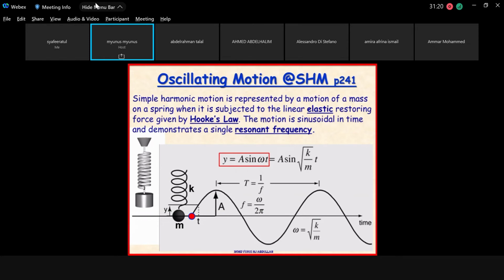Look at here, you have a mass, you have a spring, and it will keep oscillating and oscillating. This is due to the equilibrium condition. Remember your first law, Newton's law stated that a particle will remain stationary until a force acts on the mass, isn't it?